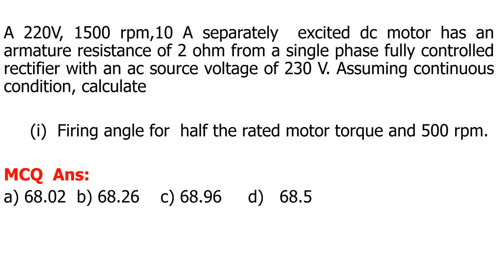They are given 4 options. Option A 68.02 degree, option B 68.26 degree, option C 68.96 degree, option D 68.5. Which one is the correct one? You have to work out and mention the correct answer.